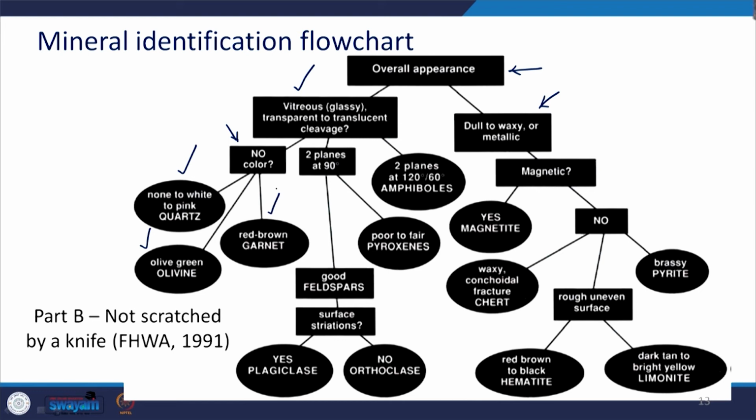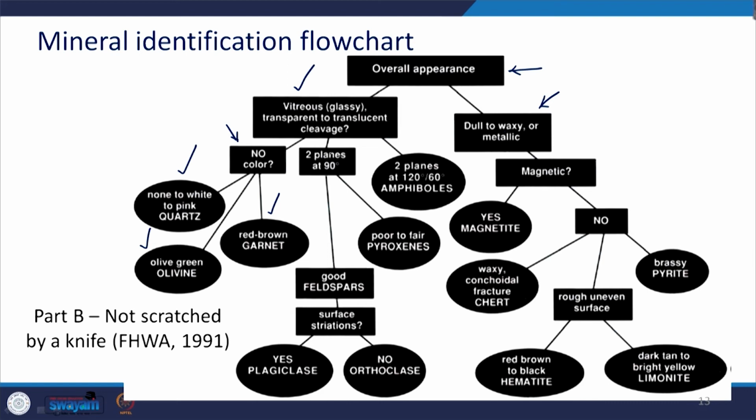Okay. So you see that first we see the appearance, whether it is vitreous or dull to waxy, then we see whether the cleavage planes are present or not. So in this case cleavage planes were not there, so we looked at the color. So there are three categories: quartz, olivine and garnet.